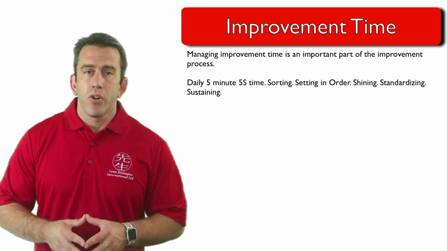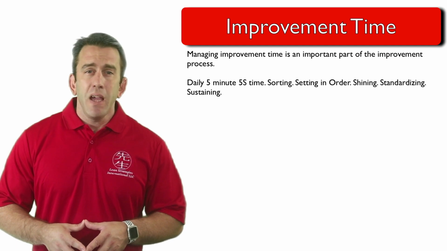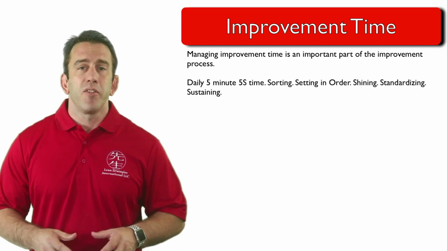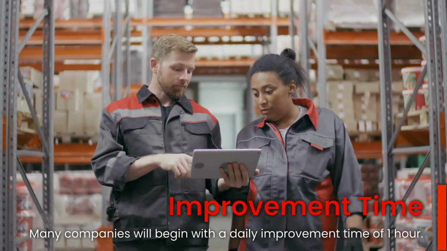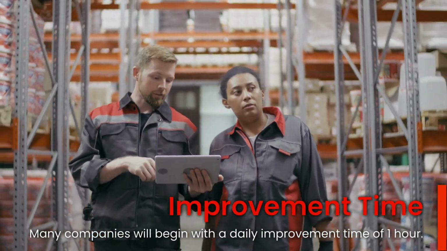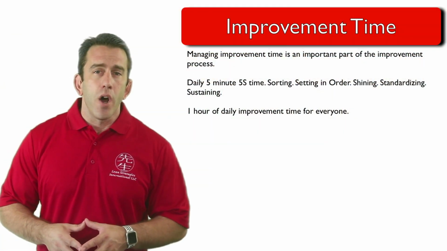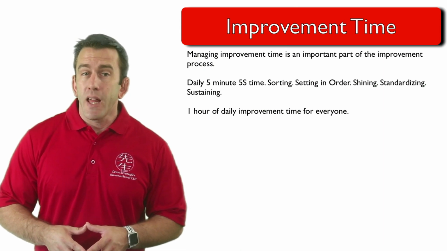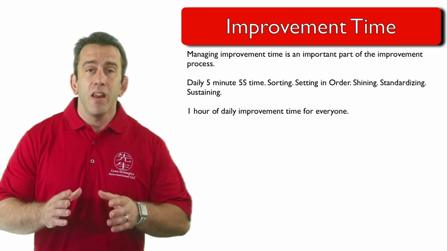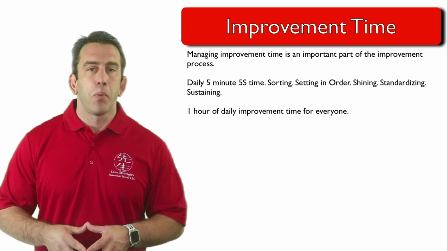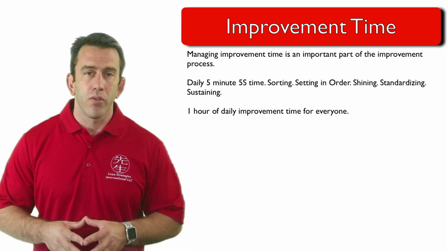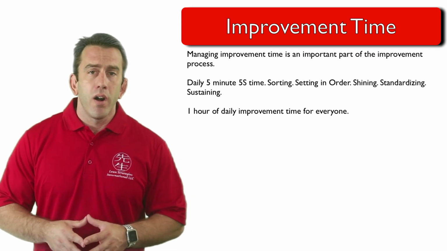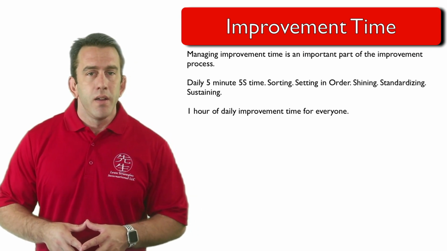Other organizations who feel that they can't make enough impact in 5 to 10 minutes a day will begin with daily improvement time of 1 hour a day. The biggest challenge of this 1 hour time span is in planning your improvements in advance and in training your employees to root out waste and create countermeasures. We will discuss more of this as time goes on.